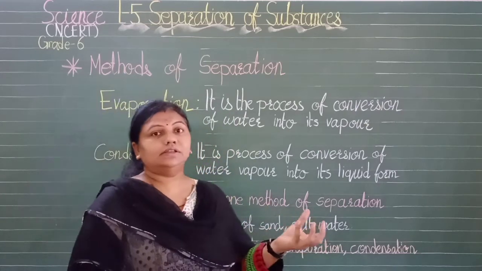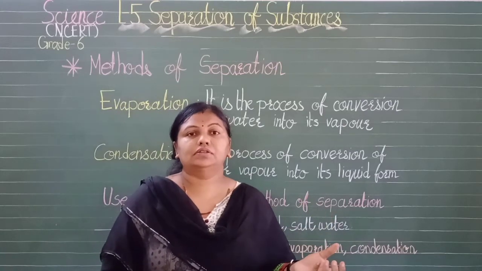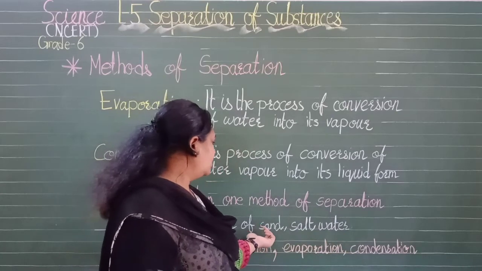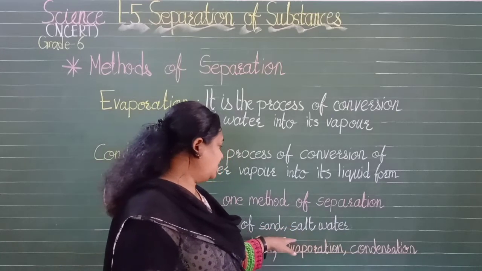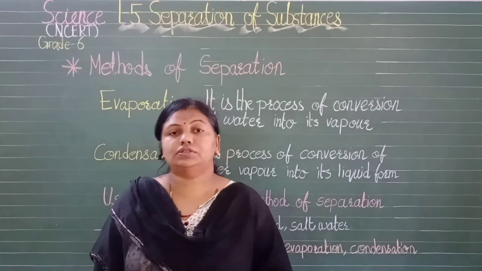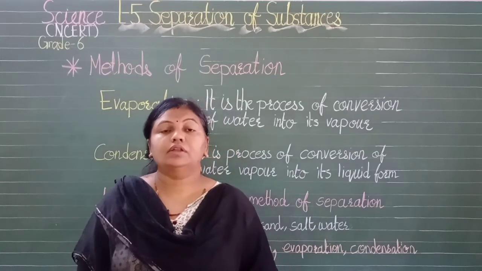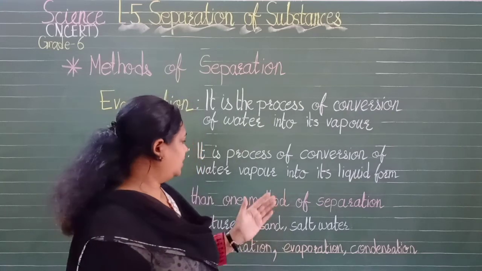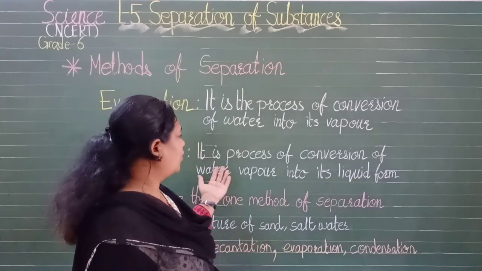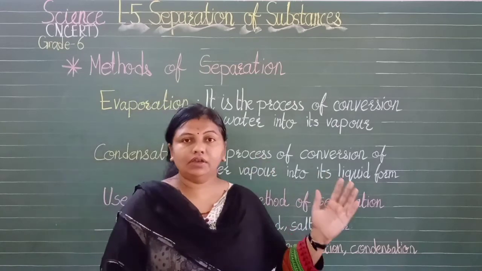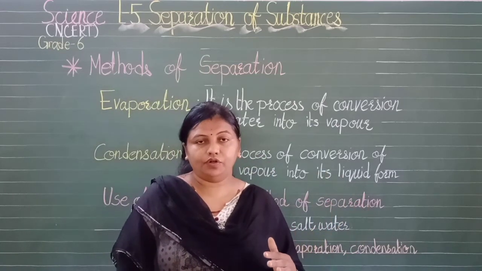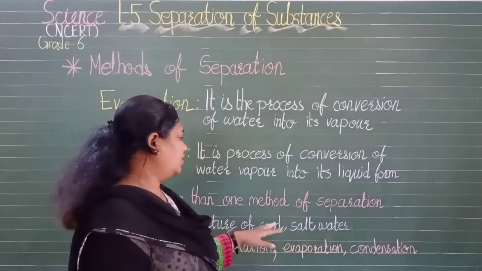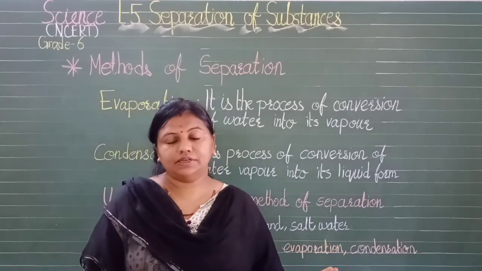Some particles might also be present in the decanted liquid, so it is not only salt. Now further we will do the condensation. What happens when condensation is done? The water vapor will be converted again into liquid form and removed, and only salt will remain.